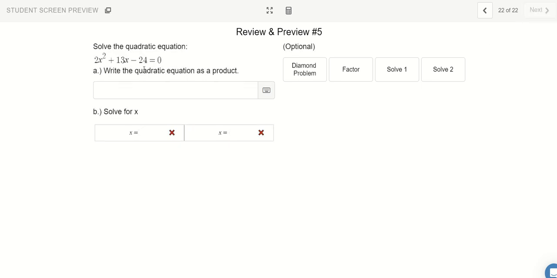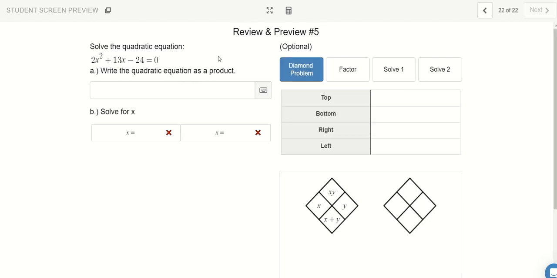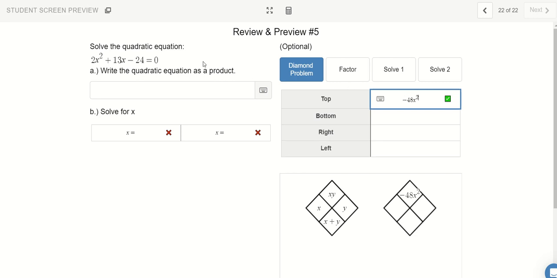Well, one last problem. Here I think I will use the diamond problem. This one's a little bit complicated to factor out. So let's see. 2 times negative 24 is going to be negative 48x squared. All right, I know they need to combine to 13x. So what two numbers multiply to 48? I know, let's see. 8 times 6.